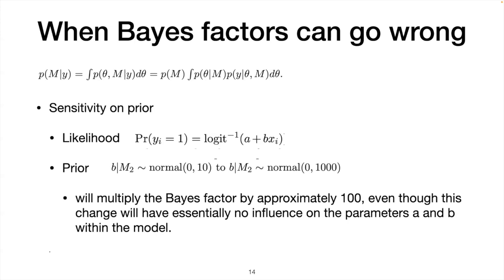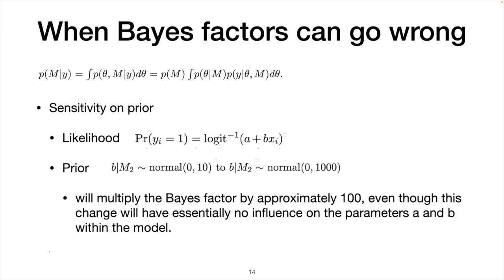But if you compute the marginal likelihood, it will change the Bayes factor by a factor of 100, because when you compute the marginal likelihood, you have the prior term, and the prior term of this model is 100 times smaller than this one.